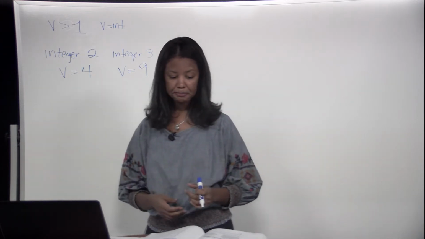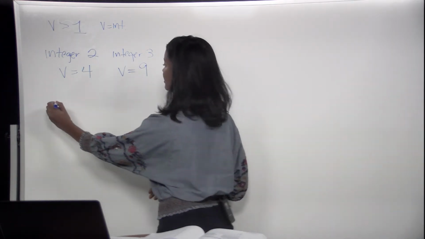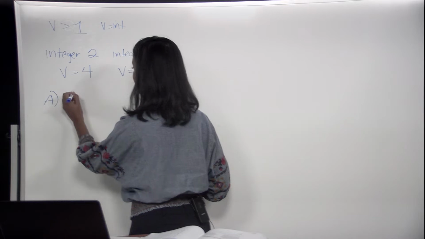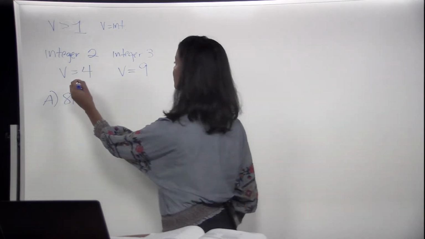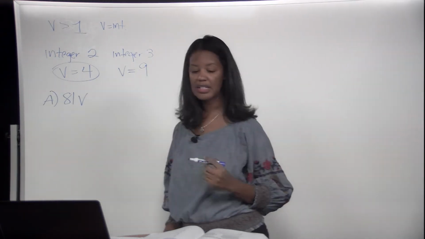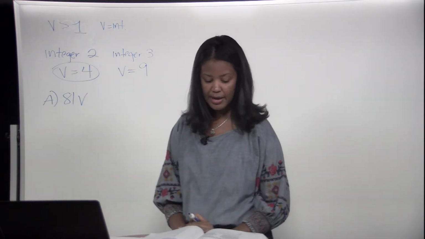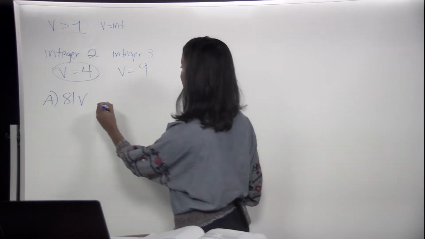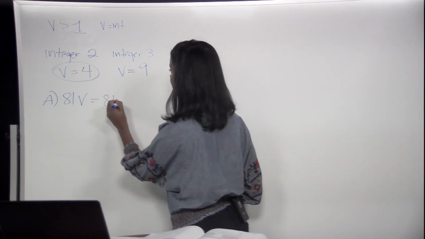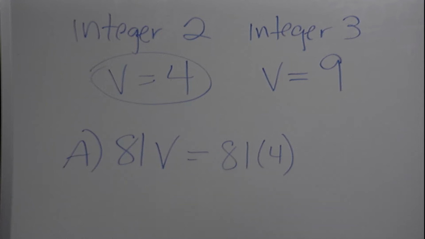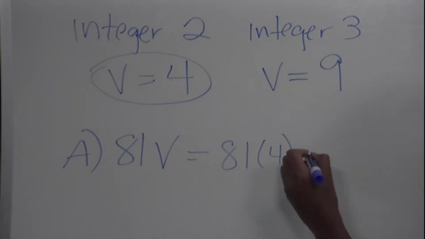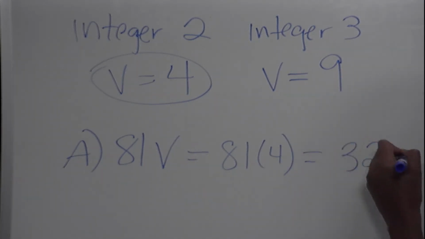So let's do that. For choice A, it says 81v. If we take our v to be 4, we're just going to choose this value for v because it's smaller. If we choose 4 for v, that's going to give us 81 times 4. And what we want to know is 81 times 4, which, if I do my math correctly, is 324.